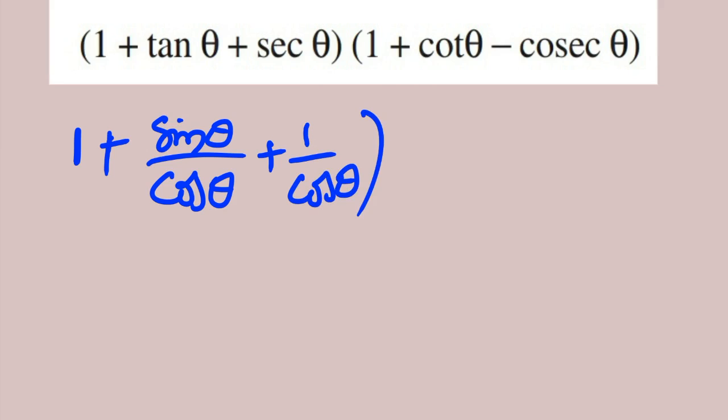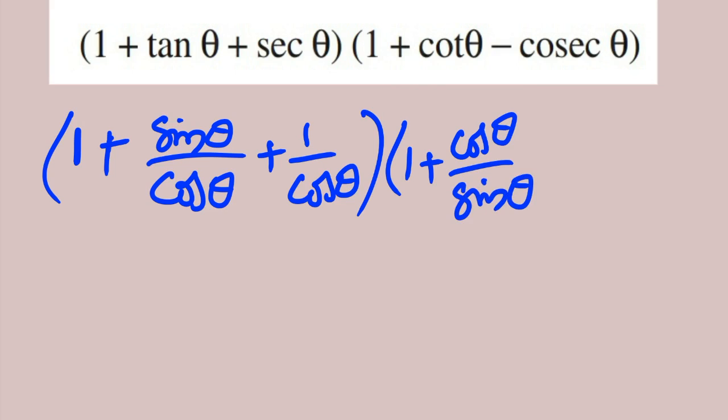We all know these already: tan is sine by cos, and secant is the reciprocal of cos, hence 1 by cos. And also 1 plus cot theta we can write as 1 plus cos theta by sine theta, and minus cosecant theta we can write as 1 by sine theta.